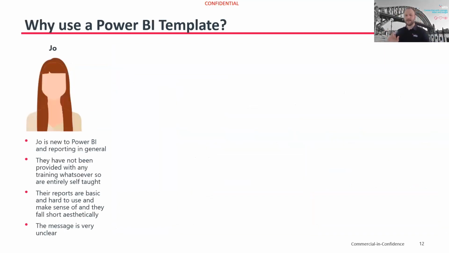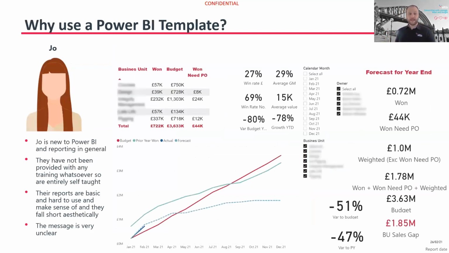We'll move on to Jo. So Jo, I like Jo. She's classic, what I see in so many organizations, new to Power BI, hasn't had any formal training either in Power BI or data visualization best practice, but gives it a go. And this is the report she's built, and I've seen this so many times at organizations where there's just a lot of stuff on the page, no real direction on what I should be reading, what's important, what's not important.